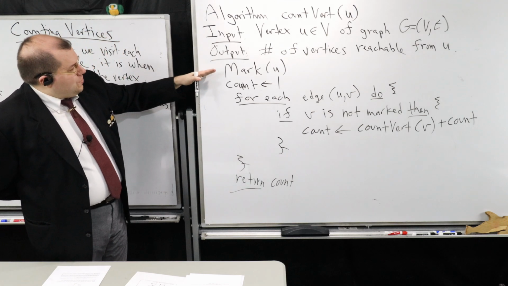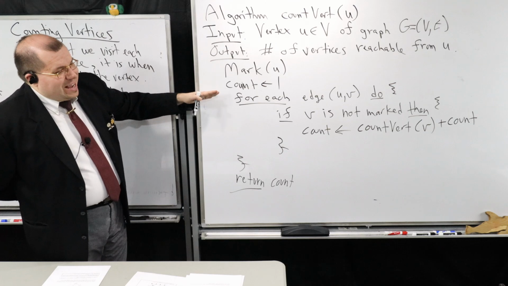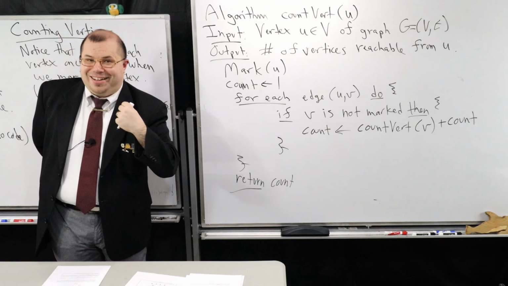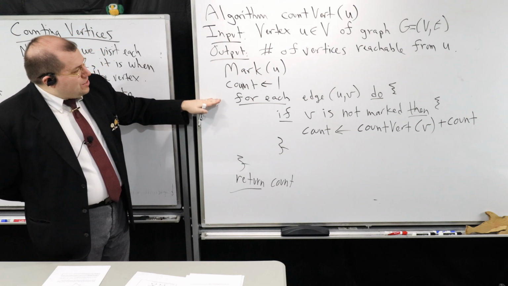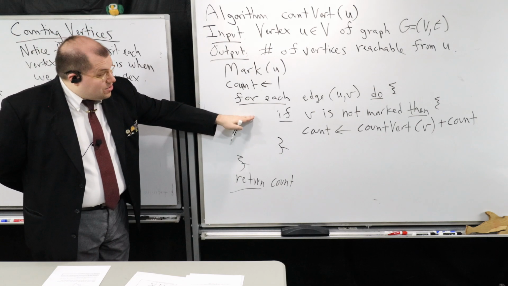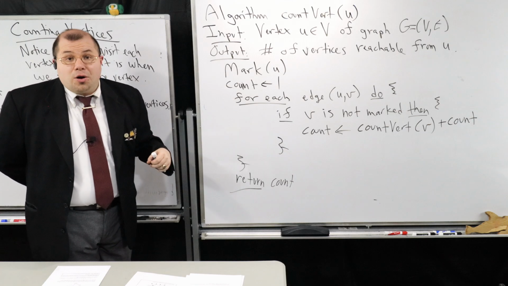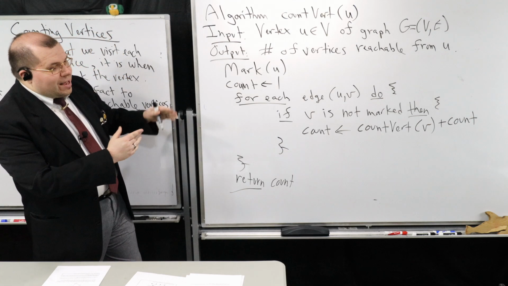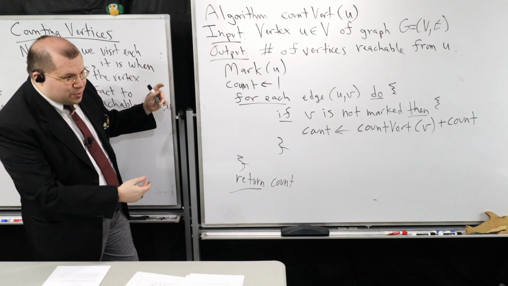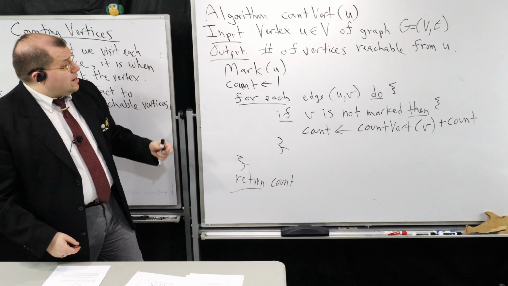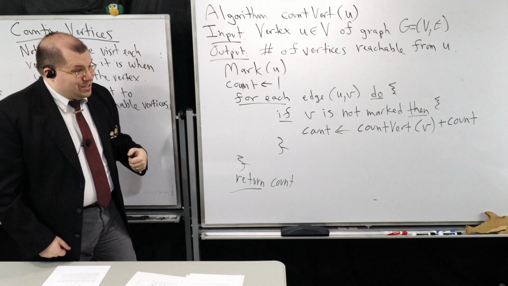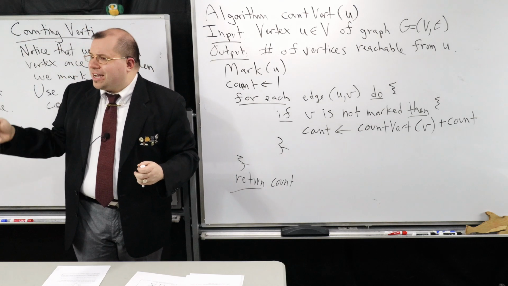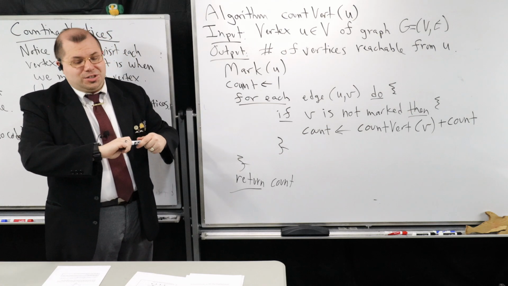All I do is mark, and I have a counter because when I mark myself, I'm counting myself. Then I go through each of my incident edges and continue the search over vertices that are not marked. So this algorithm will have the same time complexity as DFS. It's just a stripped back, specialized version of DFS, just like the cycle detection algorithm.